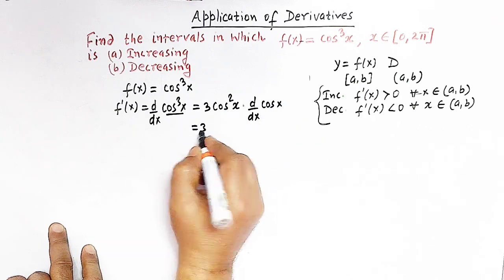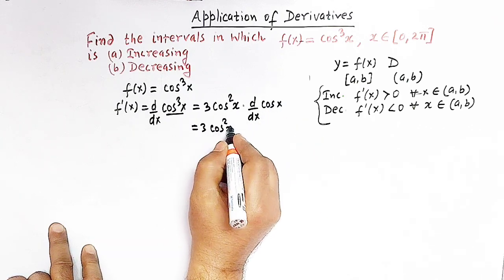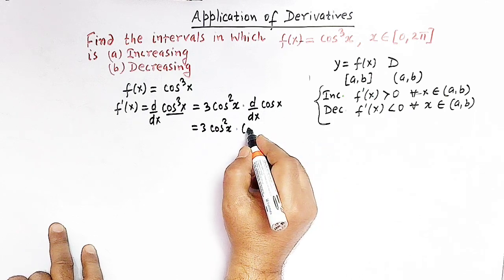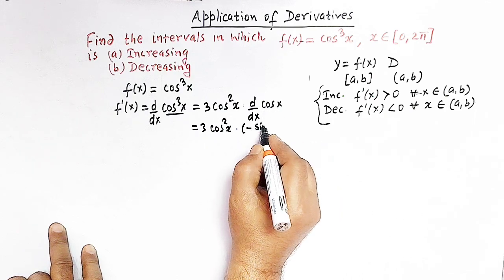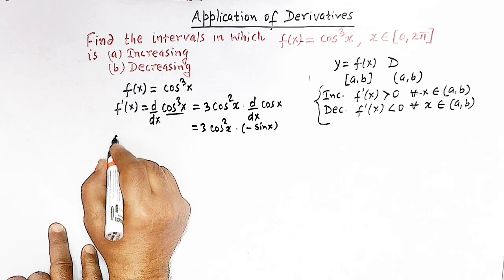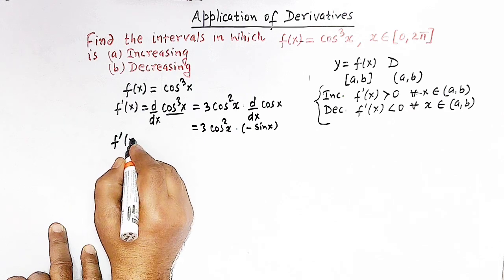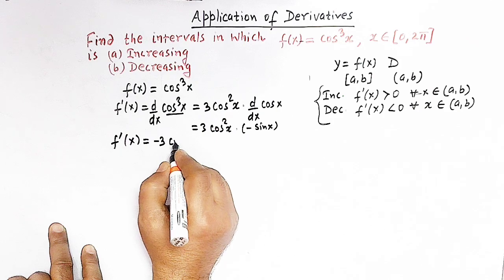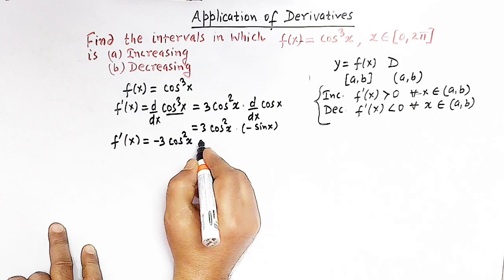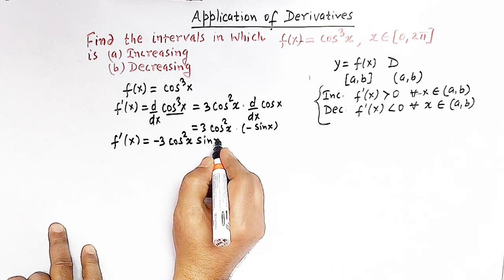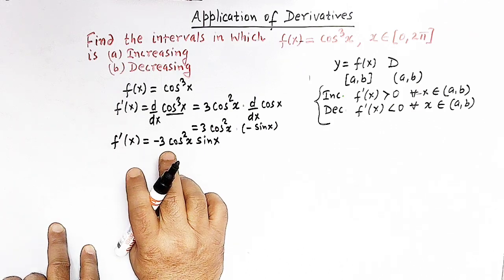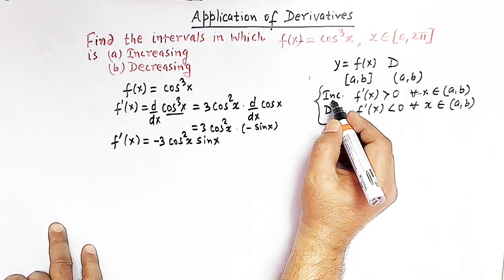So we have 3 cos square x, and the derivative of cosine x is minus sine x. So the derivative of f of x is given by minus 3 cos square x sine x. Now this is the derivative, and now we have to find out the intervals.